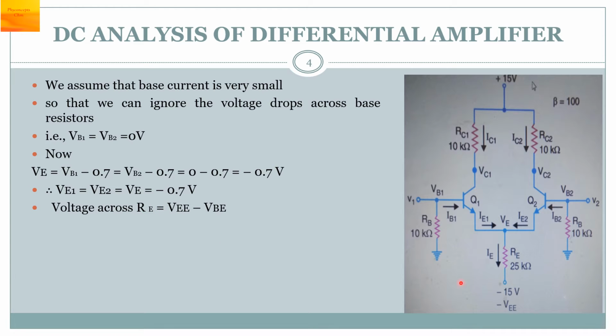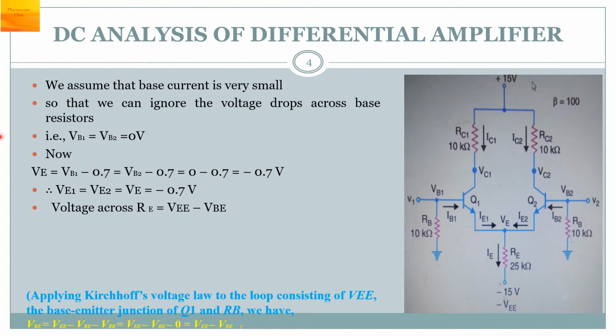The voltage across this emitter resistor RE can be written as VEE minus VBE. So we will apply Kirchhoff's voltage law to the loop consisting of VEE, the base emitter junction of Q1, and this RB base resistor. So we have the voltage across the emitter resistor, we will write it down as VRE is equal to VEE minus VBE minus VRB.